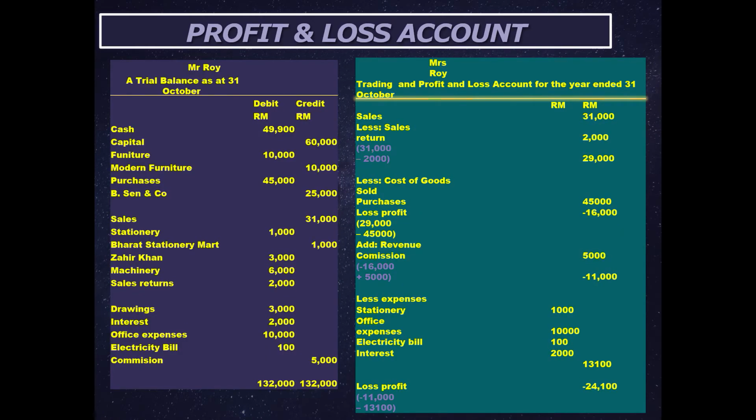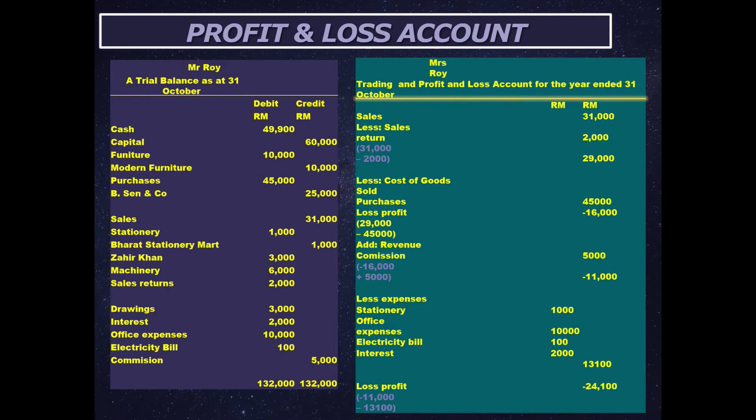Now, the slide shows Mr. Roy's trading and profit and loss account for the year ended 31 October. For your information, all the amounts in the profit and loss account we get from the trial balance. First, sales minus sales return and we will get 29,000. After that, sales minus cost of goods sold we have purchased, we get a loss of negative 60,000.